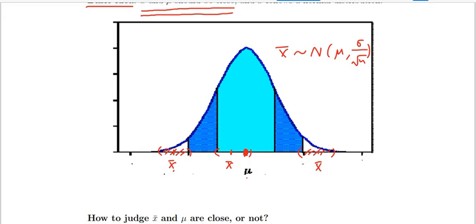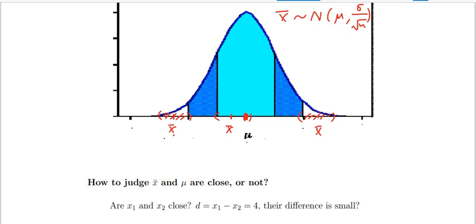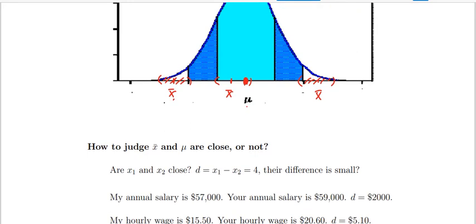So the basic idea is very simple: x bar and mu should be close, right? The question now is how to judge whether these two numbers are close or not. How can we judge them?